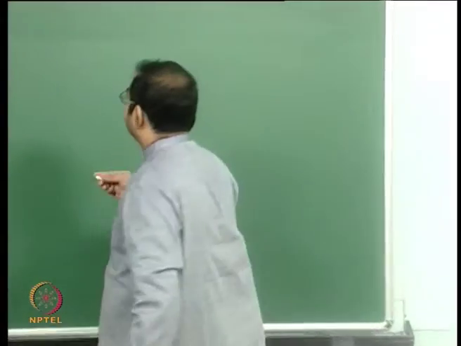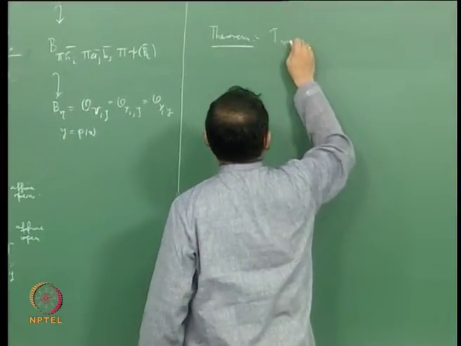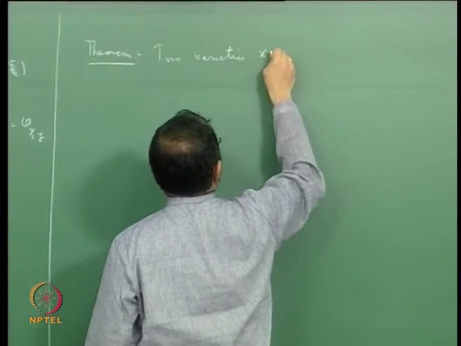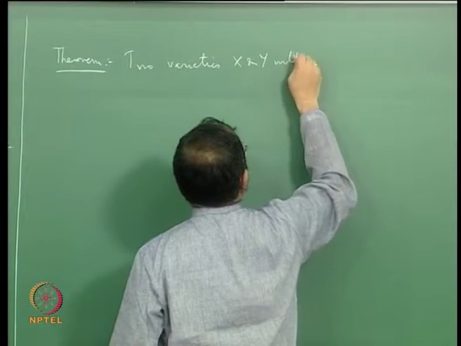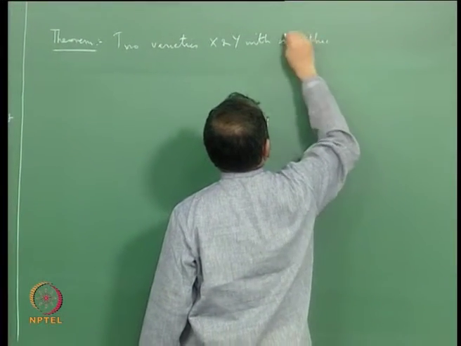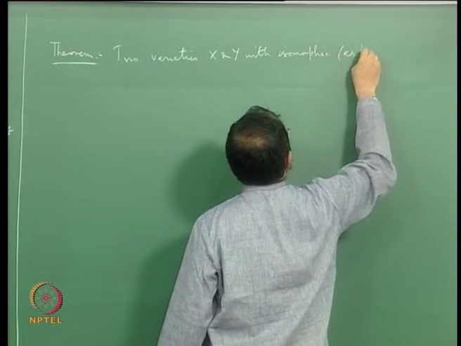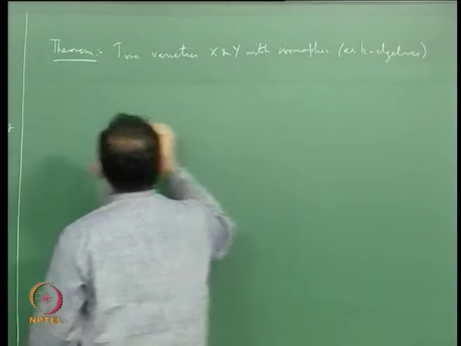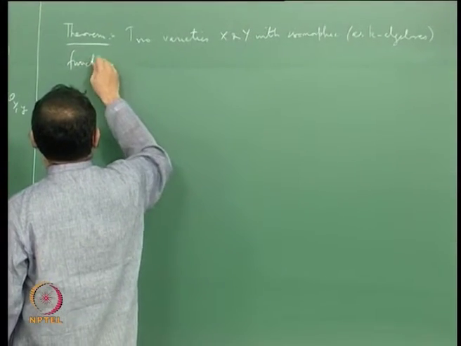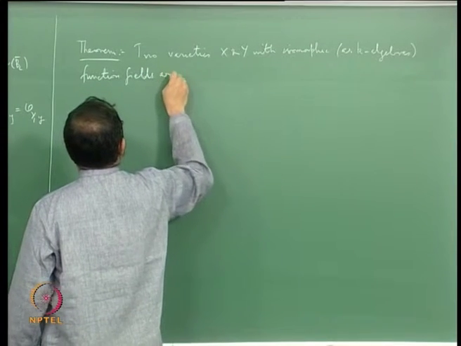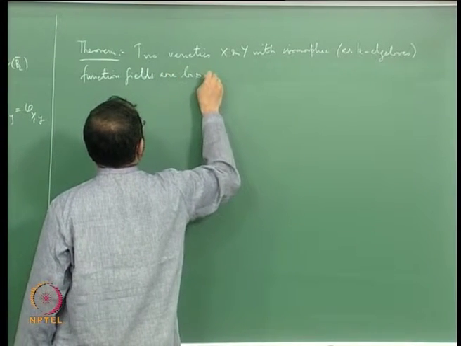Okay, two varieties X and Y with isomorphic, as K algebras, function fields are birational.